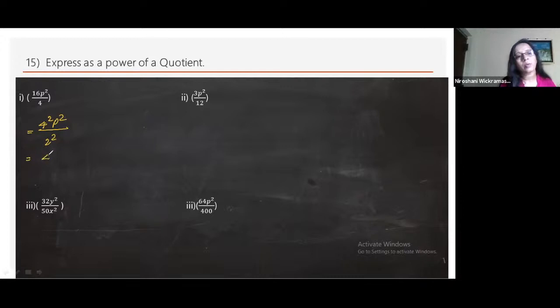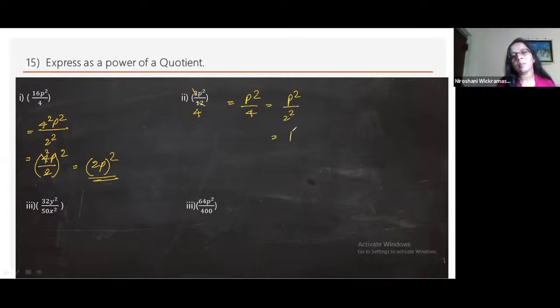Then 4p over 2 squared. You can cancel these 2 also. Then you can write 2p squared. And this thing, 1, 3, here 4. Then p squared over 4. 4 is a square number. p squared over 2 squared. Then p over 2 squared.